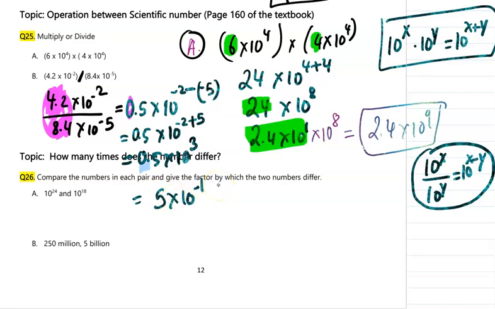One more time, 0.5 is the same as 5 times 10 to the power negative 1. Again, you have times 10 to the power 3, and if you use the multiplication rule for exponents, you add negative 1 and 3, and your answer is going to be 5 times 10 to the power 2. That's the answer for part B.